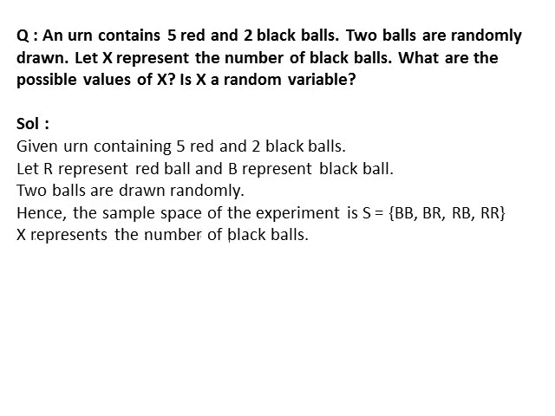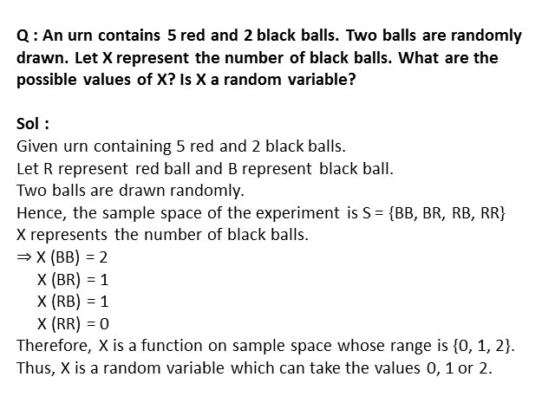Let X represent the number of black balls. For outcome BB, X equals 2 as both the balls are black. For BR, X equals 1 as it contains 1 black ball. For RB, X equals 1. For RR, X equals 0 as it contains no black ball.